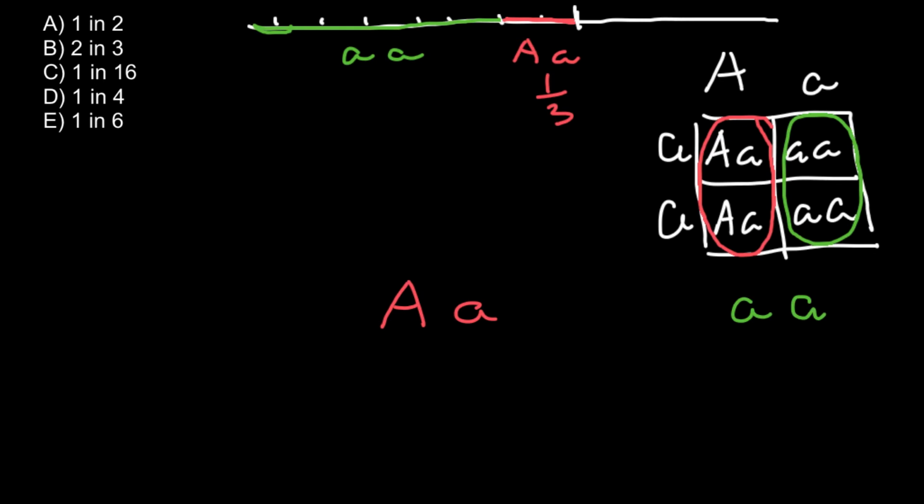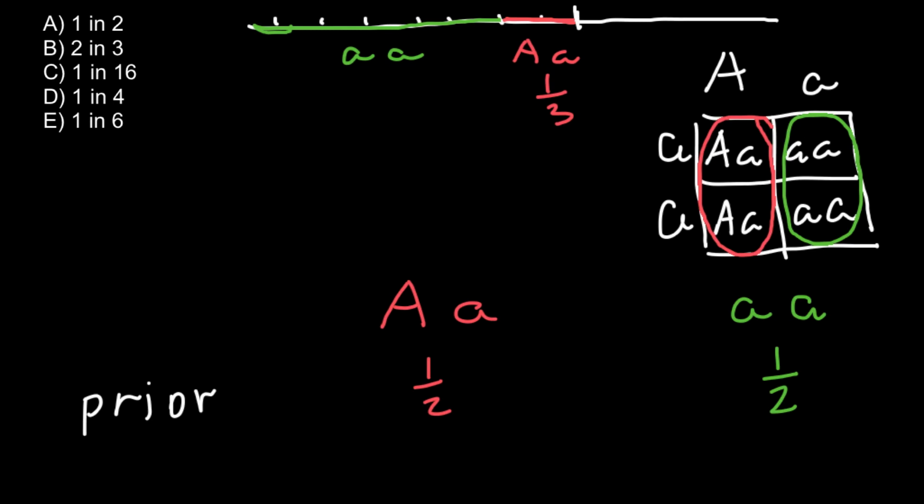And our prior knowledge, so the prior, tells us that the probability for this person to be a carrier is 1/2. And at the same time, the probability that this person is homozygous normal is also 1/2, according to this Punnett square.